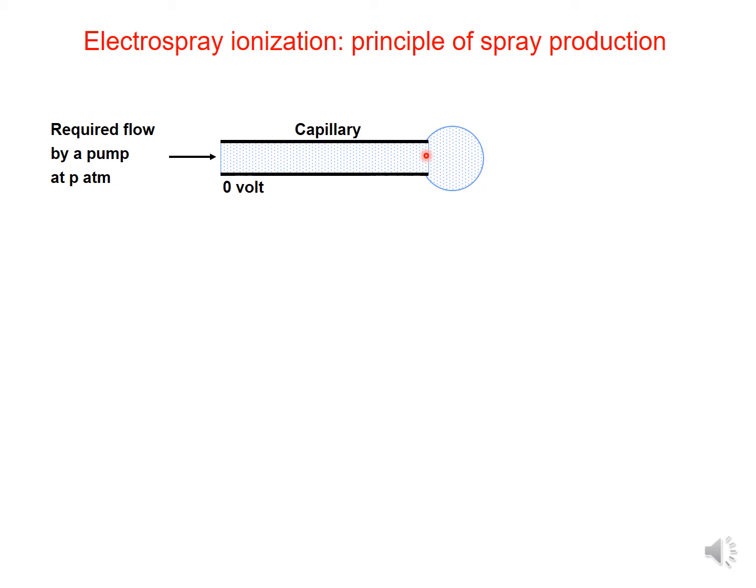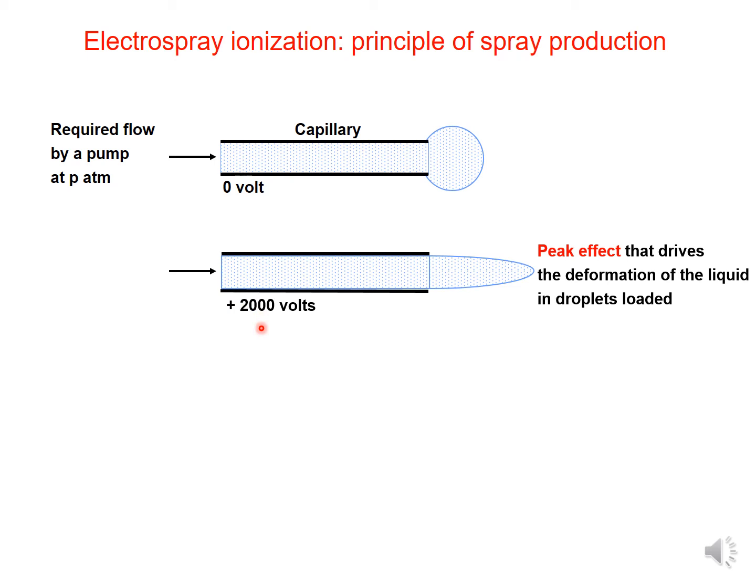The second step is that I have to apply an electrical field, a difference of potential, a voltage. Here you have the application of the high voltage. It is 2000 volts. Just a reminder that you continue to perform the pumping here at the inlet part of the capillary.